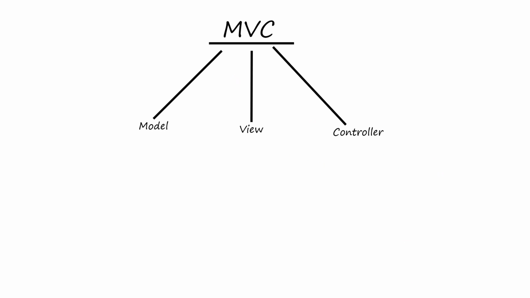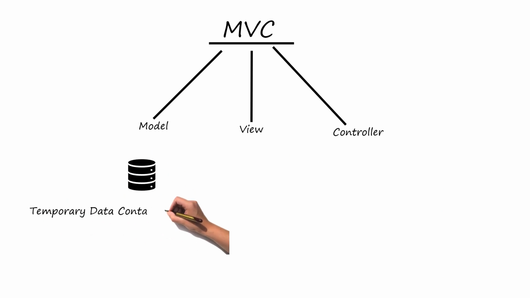So, what is this model? Model is a temporary data container. What do you mean by temporary data container? Let's not take it as the data source or the database for an application, because when we use an application, we need data to be fetched from a data source, in many cases SAP for SAPUI5.